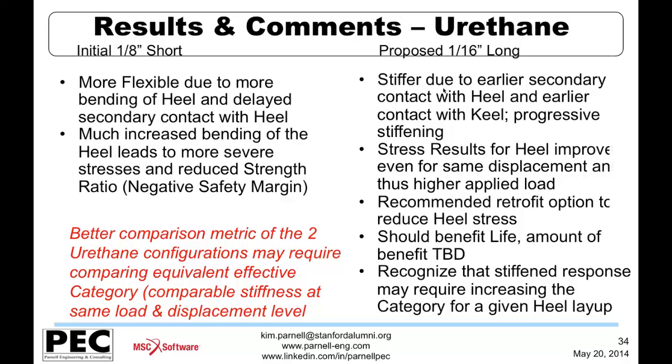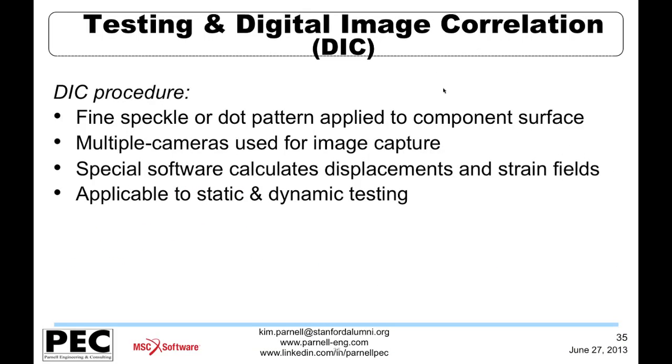And I want to talk a little bit about some testing we also did on these heel components using a process called digital image correlation, or DIC. This is an optical methodology.